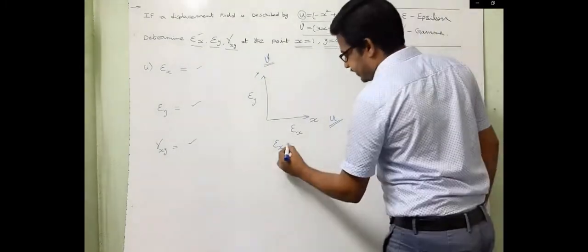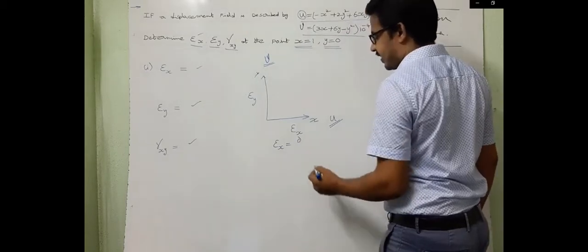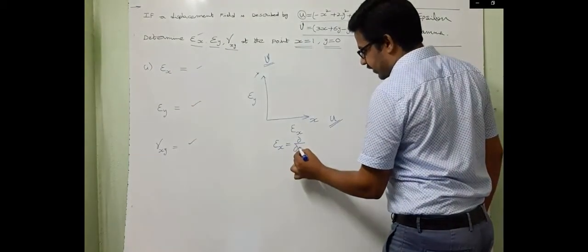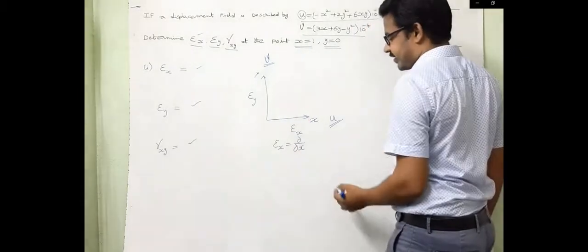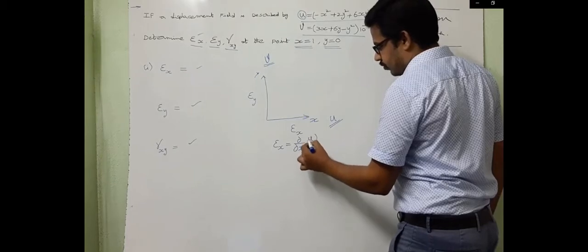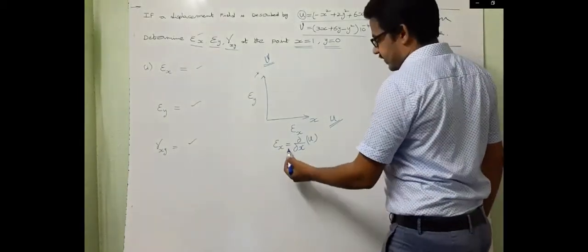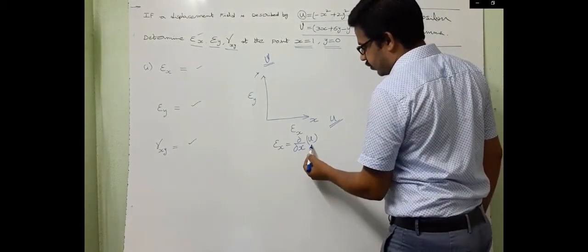Epsilon x is equal to the partial derivative, dou by dou x, along the x direction with respect to u. So epsilon x is equal to dou by dou x of u.